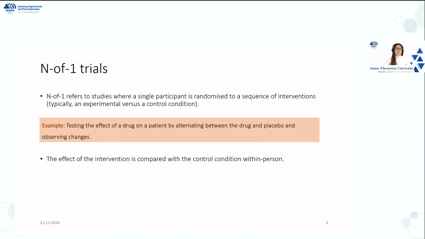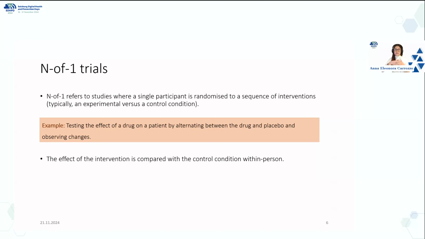N-of-1 refers to those studies where a single participant is randomized to a sequence of interventions, typically an experimental versus a control condition. In the randomized control trial, subjects were randomized to receive one of the two interventions.